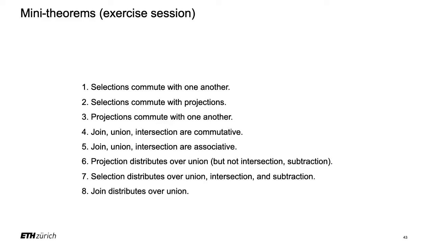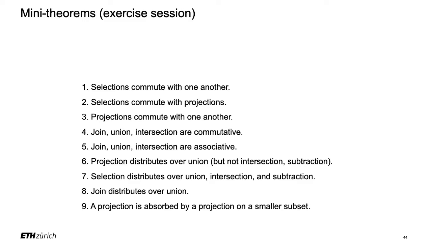Okay. Join distributes over union as well. And a projection is absorbed by a projection on a smaller subset. So this one is funny. What does it mean, absorbed? So for example, 0 is an absorbing element in multiplication. That means that 0 times anything is 0, right? So 0 is called an absorbing element.